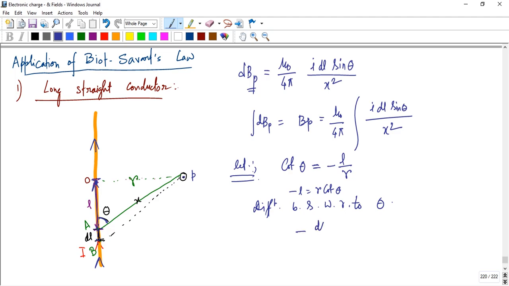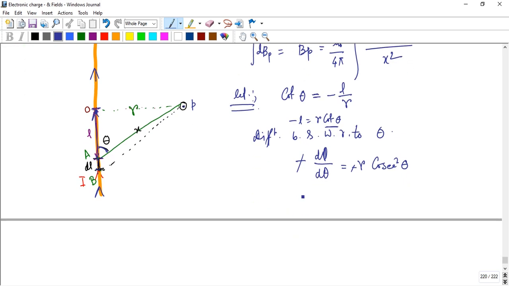We get minus dl by d theta. Here R is a constant, and the differentiation of cot theta is minus cosec square theta, so minus minus cancels, and we get dl equal to R cosec square theta d theta.